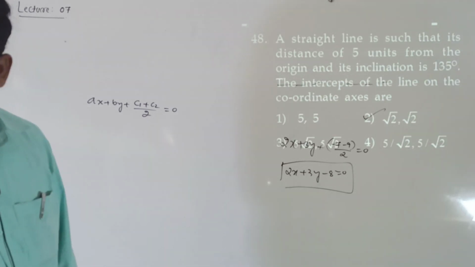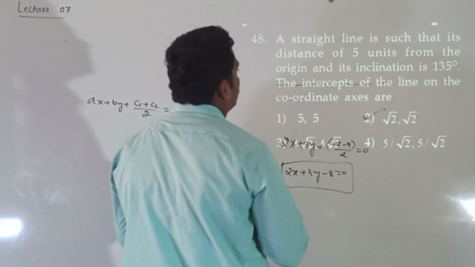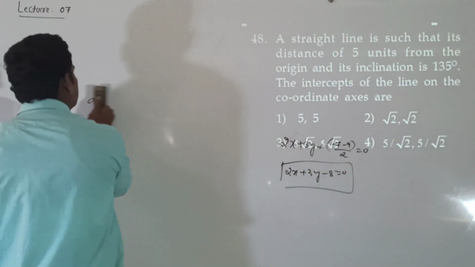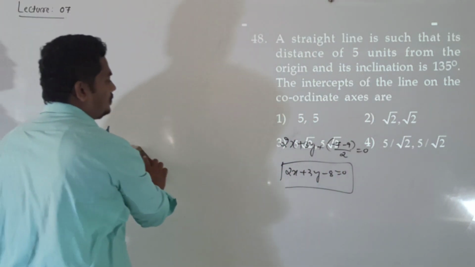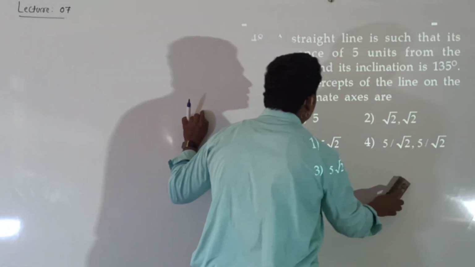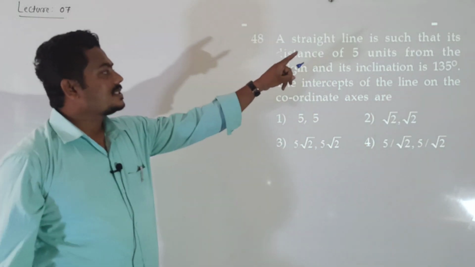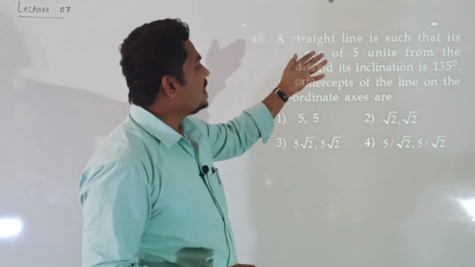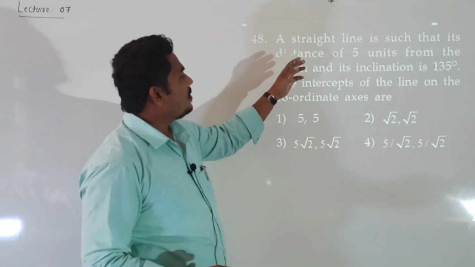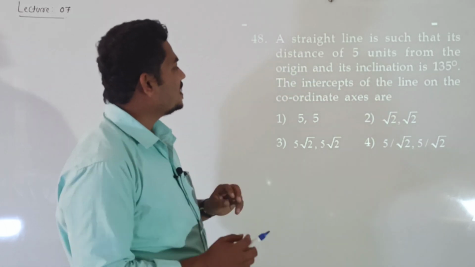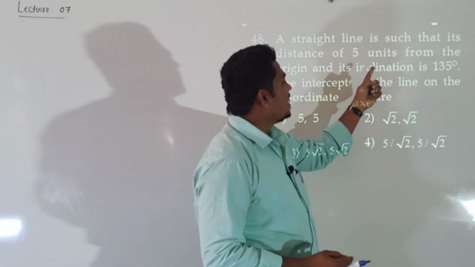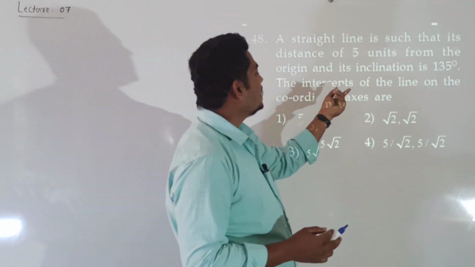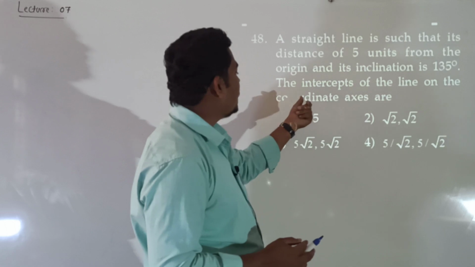Next question. A straight line is such that its distance from the origin is 5 units, its inclination is 135 degrees, then the intercepts of the line on the coordinate axes are.